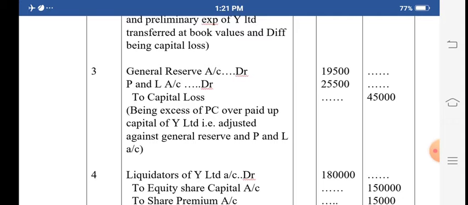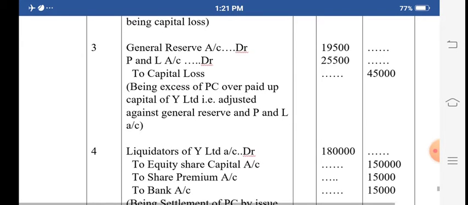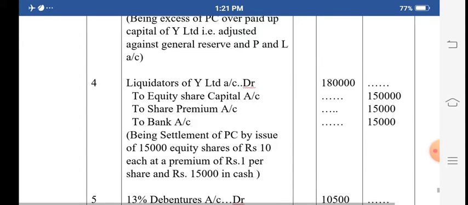Next is the fourth entry, for settlement of purchase consideration. According to the format, the transaction is: liquidators of transferor company account debit, to share capital account credit, to share premium account credit, to bank or cash account credit.